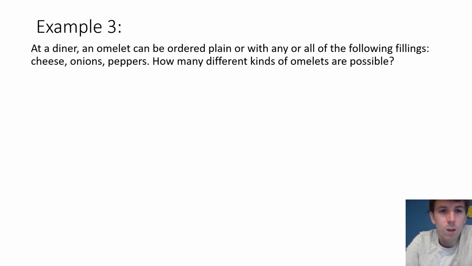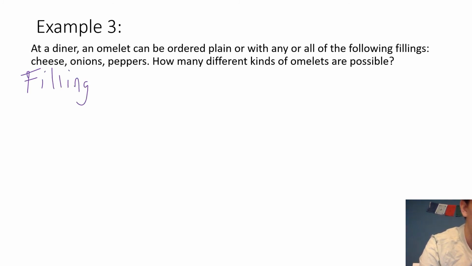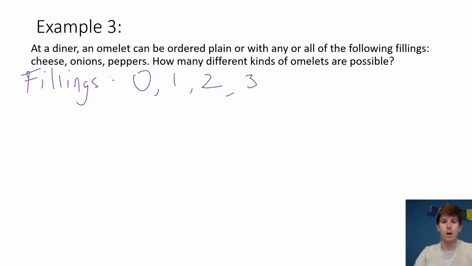There's different ways the customer can choose an omelet. He can choose it with a number of fillings. He can choose it with 0, 1, 2, or 3 all possible.